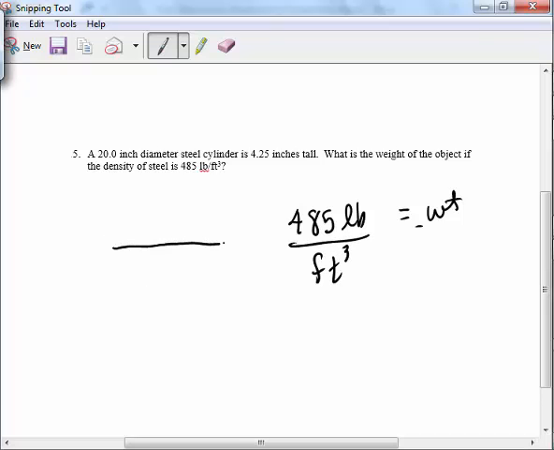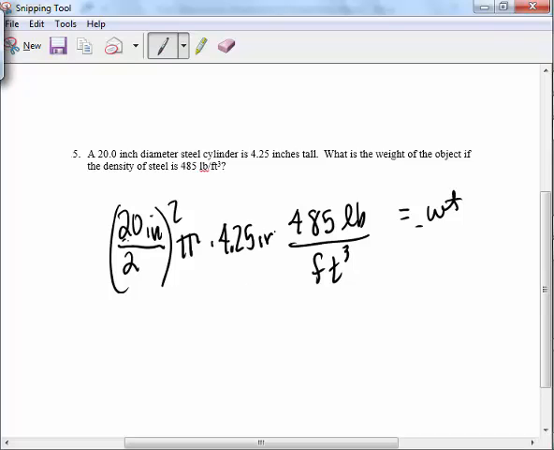That's the end part, but the beginning part is 20 inches diameter, so that's over 2 squared. 20 inches over 2 squared pi, so it's pi r squared times 4.25, but that's going to be in inches cubed, and we want it in feet cubed, so 1 foot cubed is 12 cubed inches.